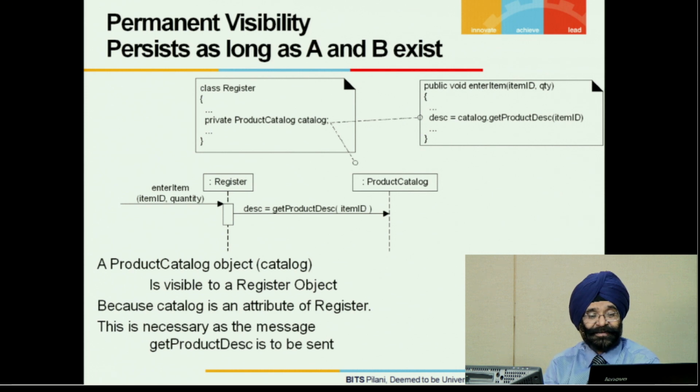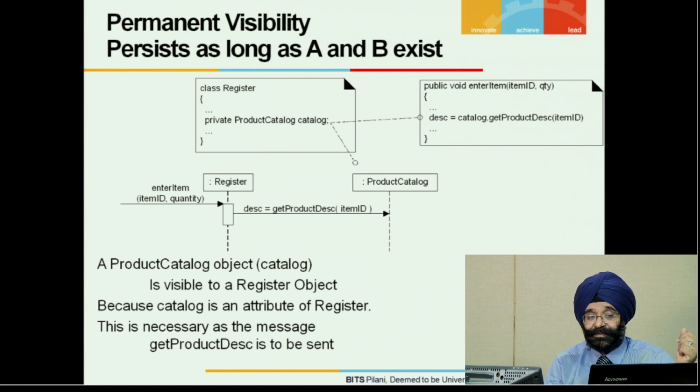I don't like pronouncing it as getProductDesc, whereas I don't like to write it as getProductDescription. So let's use this interchangeably, and I will always read this as getProductDescription. Now, this method called getProductDSC or description is a method in the class product catalog.